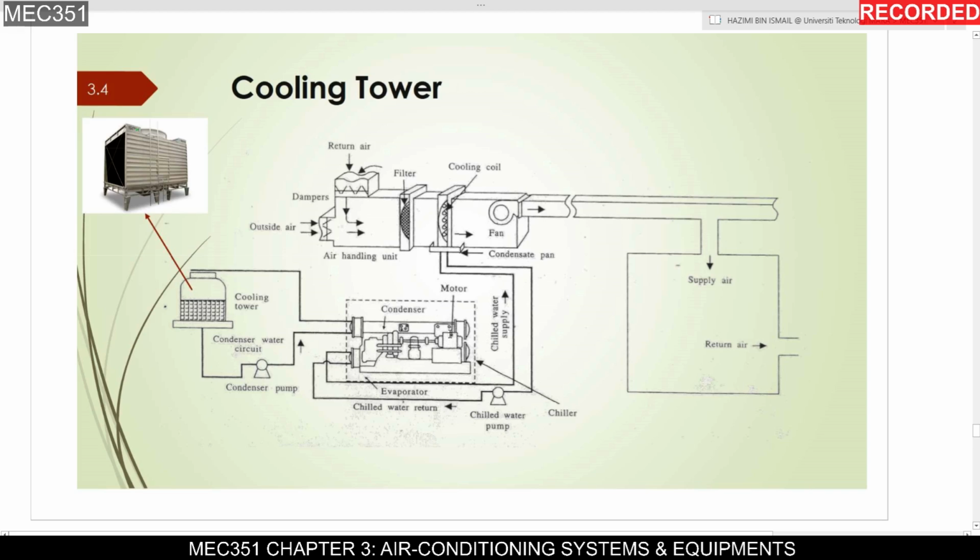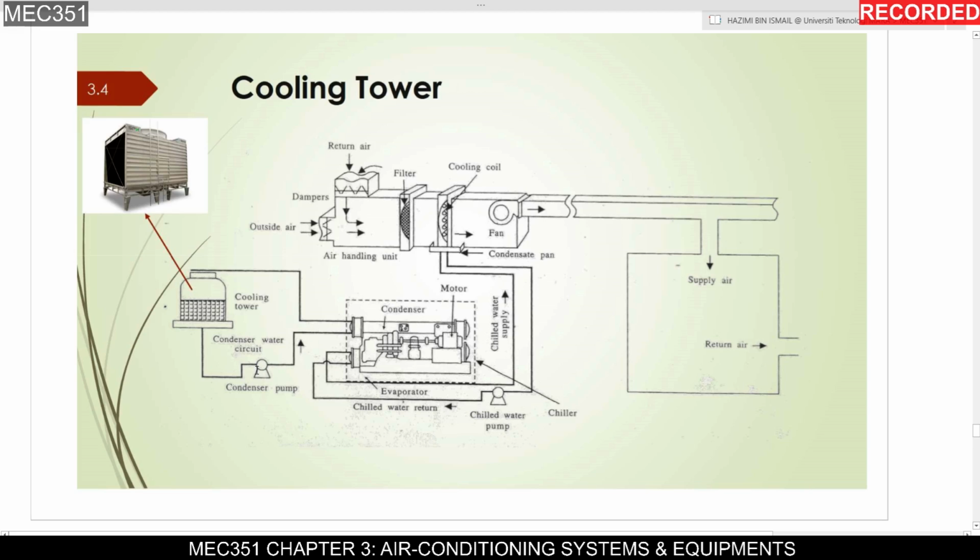This one we call a motor. The motor will be connected to the compressor and compress the refrigerant into the condenser. The condenser here will transfer heat to the water from the cooling tower, and then the water will go to the cooling tower with higher temperature because it absorbs heat from the chiller, right?